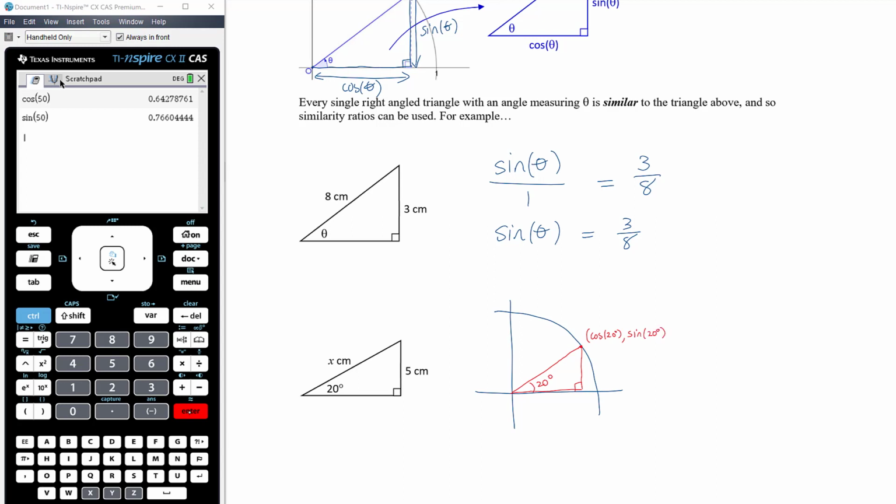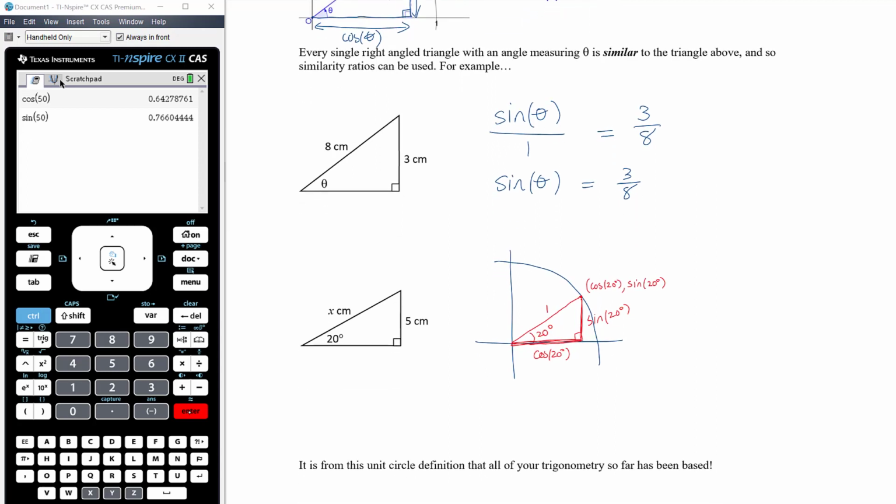Okay, that means this horizontal distance is cos of 20 degrees. That means that this vertical distance is sine of 20 degrees. It's a unit circle, so the radius is 1, so that makes that 1. And so we've got this red triangle here, which is similar to the black triangle. So again, we can use what we know about similarity and ratio.